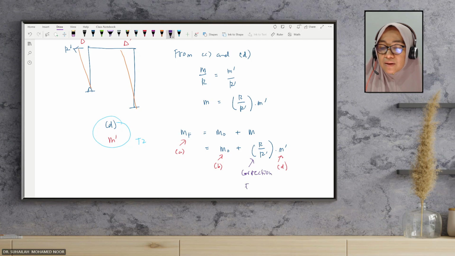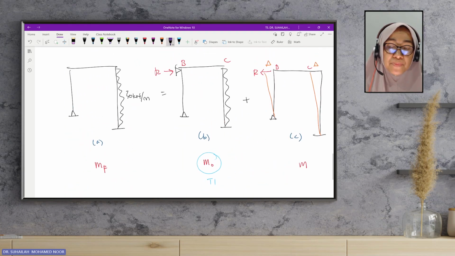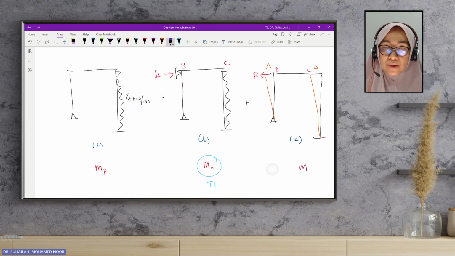Why do we have this? Because we do not analyze diagram C directly, because the delta is unknown. So we cannot calculate the end moment M directly.